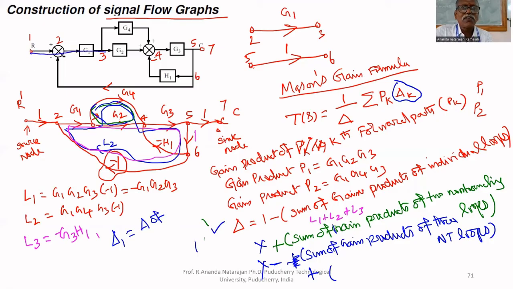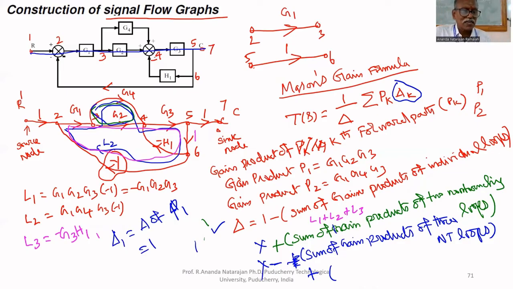That's why this is forward path 1. Is there any loop which is not touching the forward path? No loop. Therefore, delta 1, the delta of forward path P1, equals 1. That's all, because the formula starts with 1 minus, and there are no loops not touching the forward path.